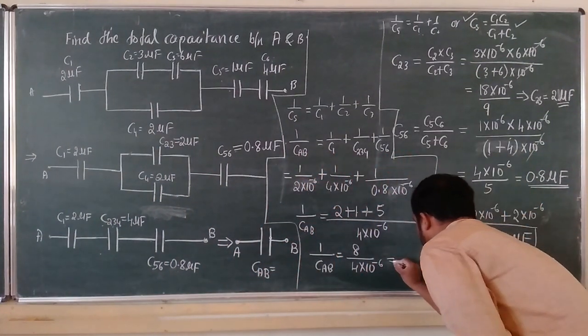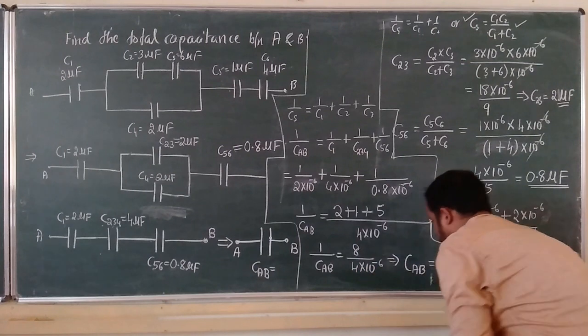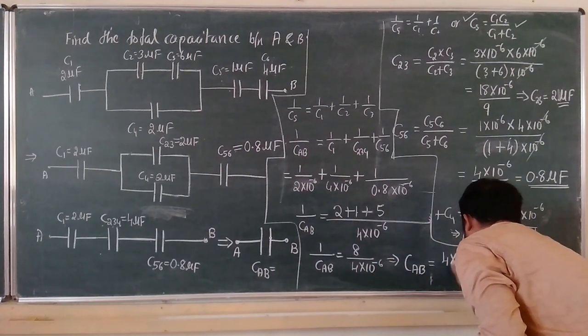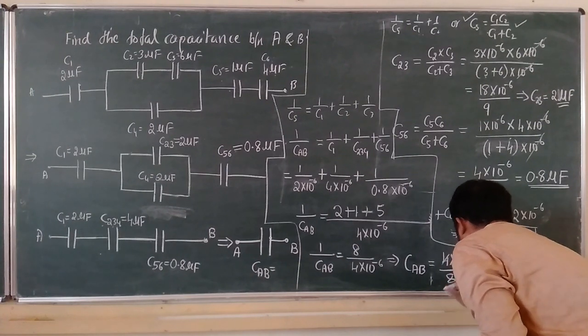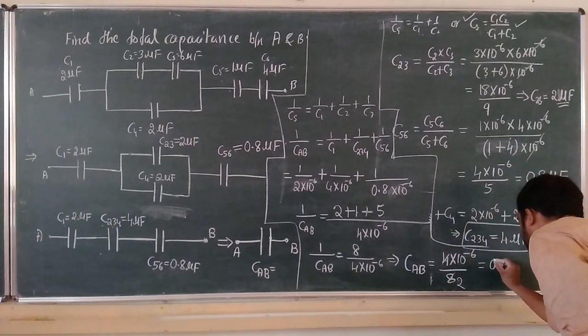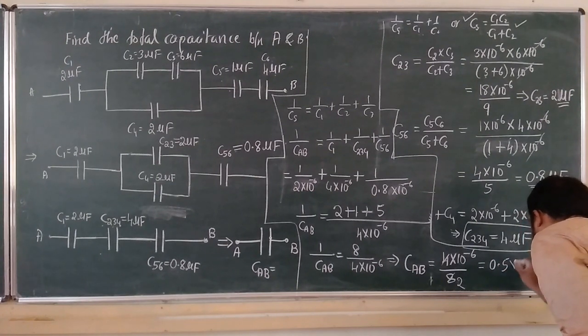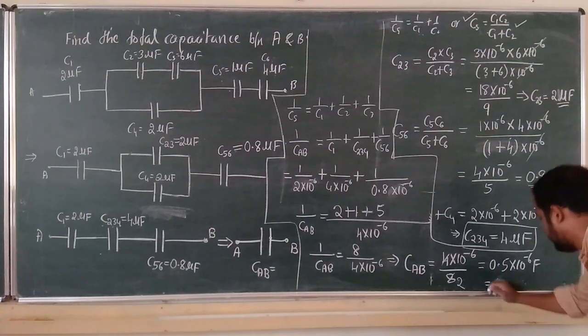Okay, we want the value of capacitance, therefore CAB is the reciprocal of this, that is 4 into 10 to the power minus 6 divided by 8. 4 ones 4, 2 times, that is 1 by 2, 0.5 into 10 to the power minus 6 farad, or 0.5 microfarad.